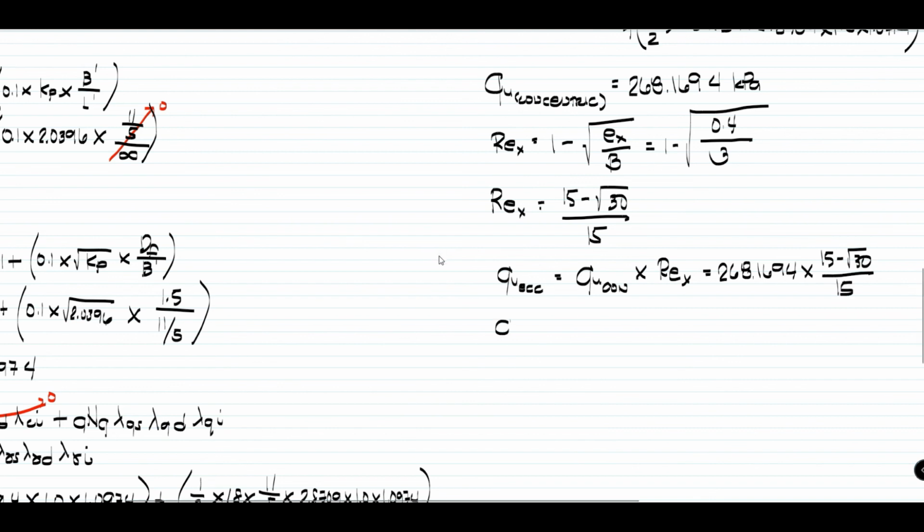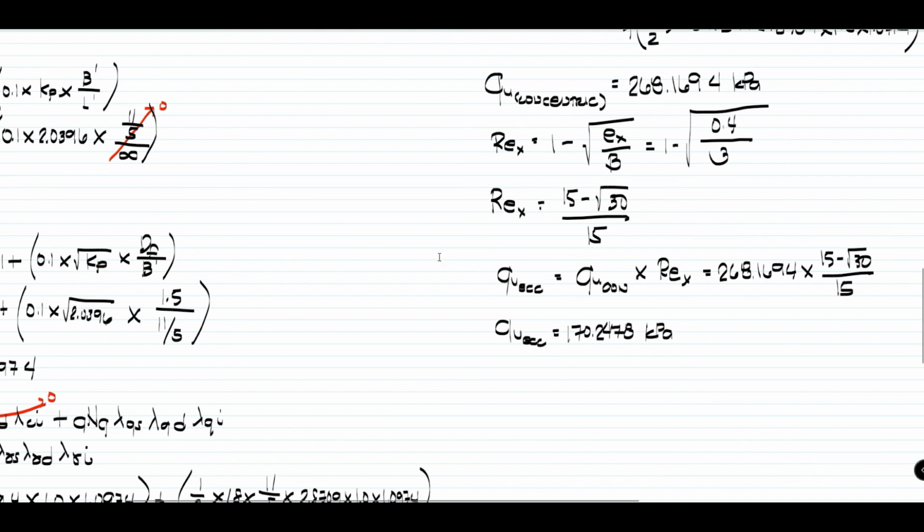So, the QU eccentric is equal to a value 170.2478. So, this is in kilopascals.